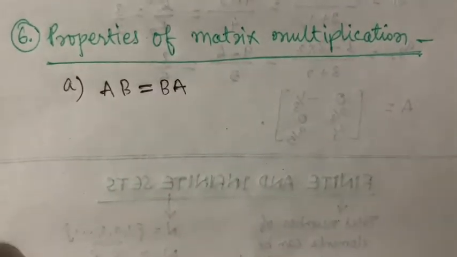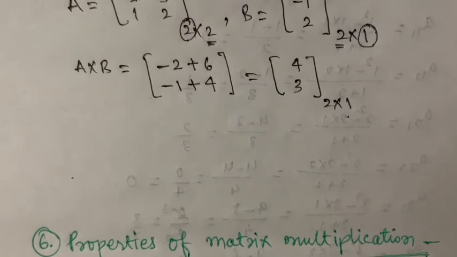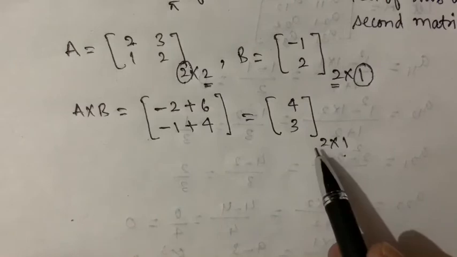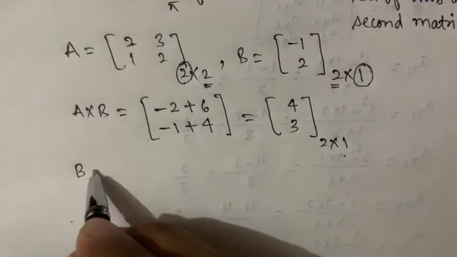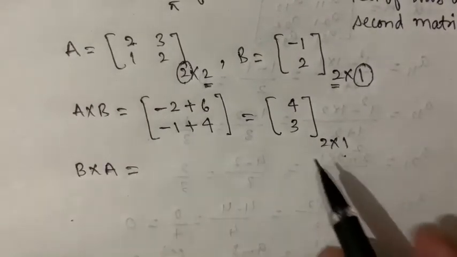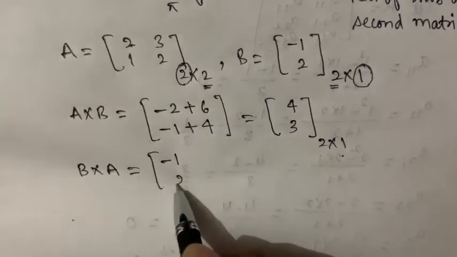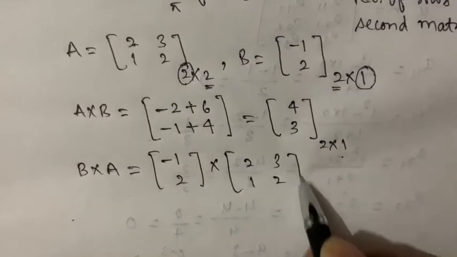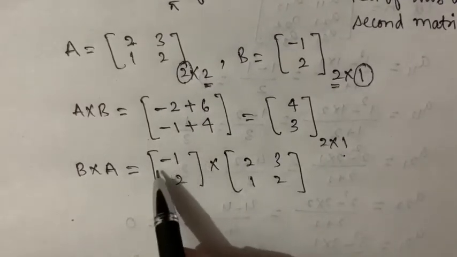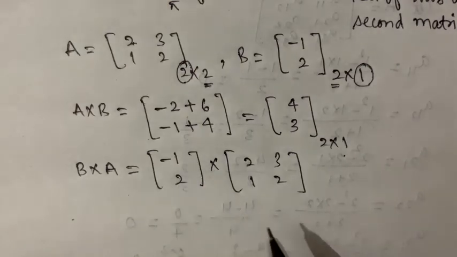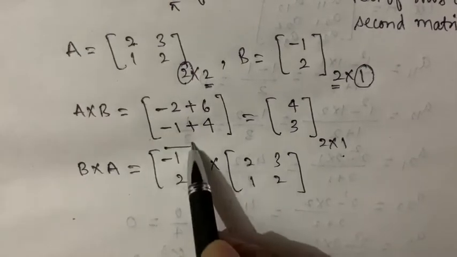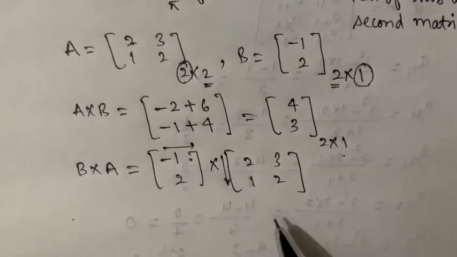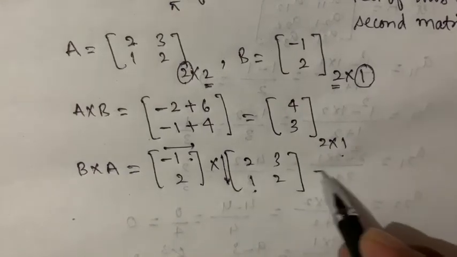If we go to the previous section, we can see clearly that A cross B is possible here, but B cross A, if we want to get it, minus 1, 2 will be written first, then we will write 2, 1, 3, 2. Now we have this row minus 1, only a single element is there, but if we go like this, then we don't have any element here to be multiplied with 1, so it is not possible.